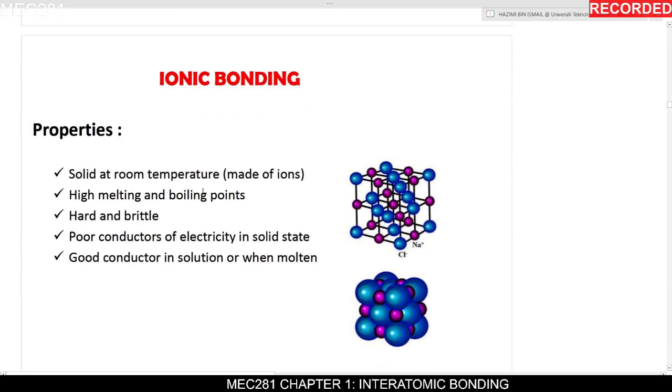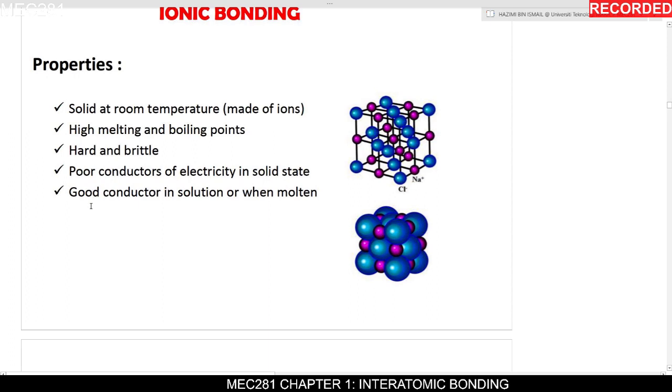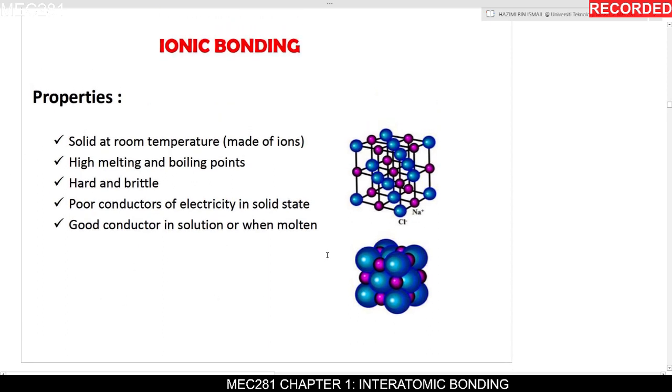Okay, so the properties of ionic bonding: they are solid at room temperature. Some of these you have to remember, because the properties of ionic bonding give you a brief idea how to determine certain properties of the materials out there.